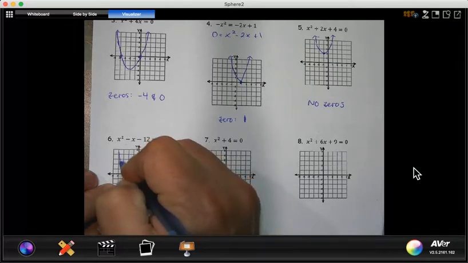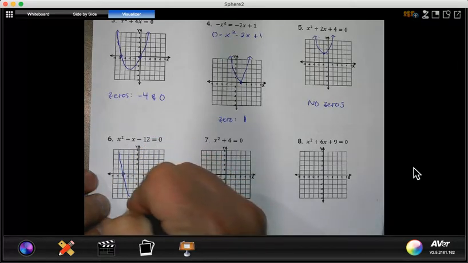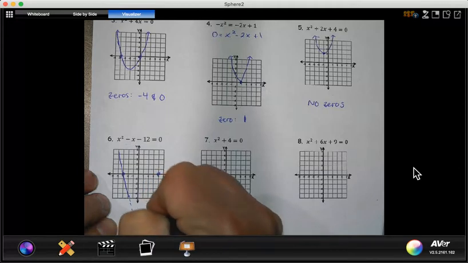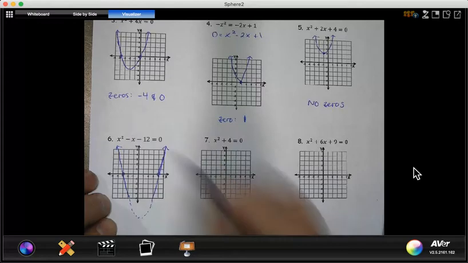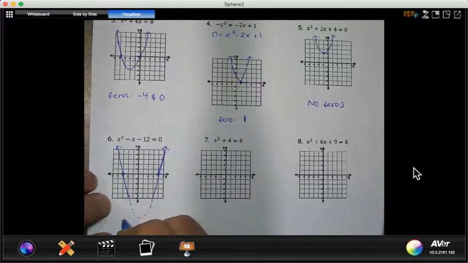And then it kind of goes off screen a little bit and then comes back. Okay, so my zeros are at -3 and 4.